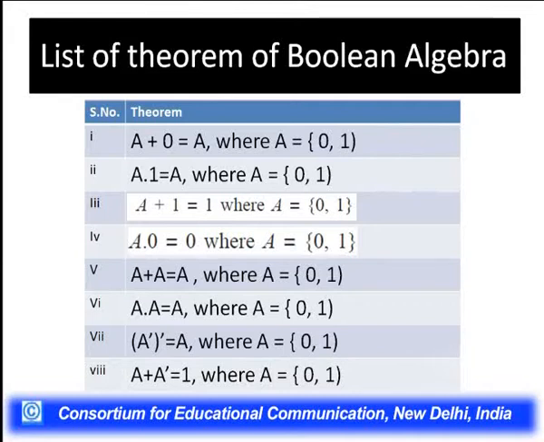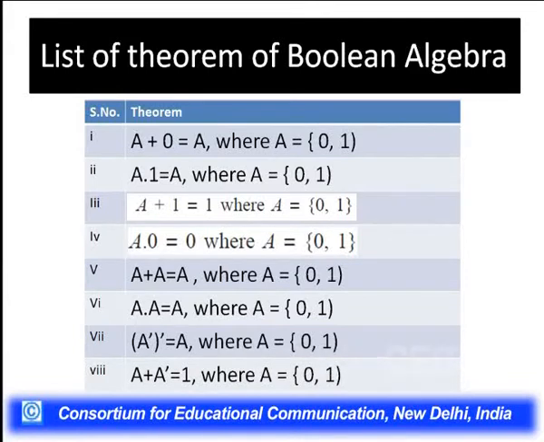Next theorem: A plus 1 equals 1, where A equals 0 or 1, meaning all variables defined on 0 and 1. Next theorem: A dot 0 equals 0, where A equals 0, 1. Next theorem: A plus A equals A, where A equals 0, 1.